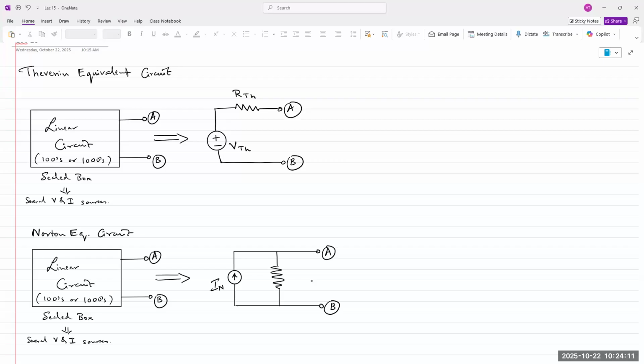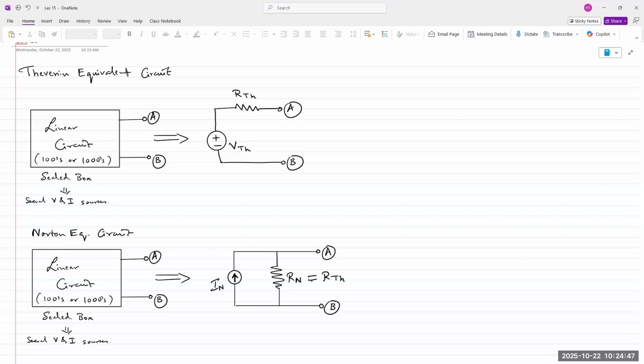And this current came to be named after him, Norton current. This resistance is sometimes referred to as Rn, like Norton resistance, but in most books you will see it referred to as RTH. So the resistance is the same, RTH, Thevenin resistance. Again, it's an equivalent circuit, meaning you have a large circuit comprised of multiple voltage sources and multiple current sources, and you're representing all of it as one single current source.